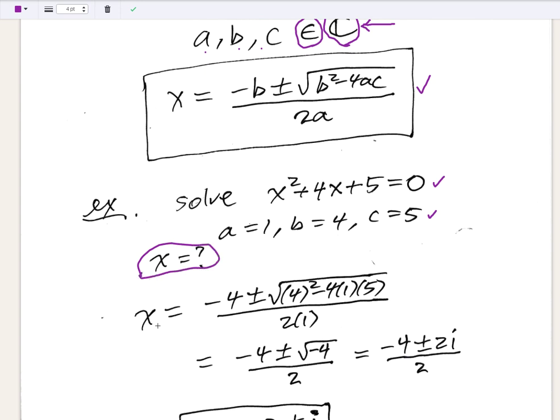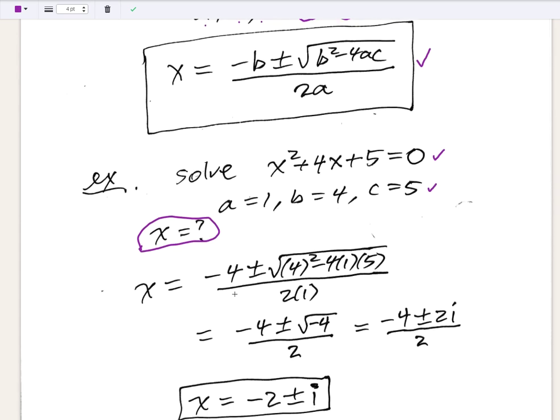So we use the quadratic formula. We just stick in the numbers. So it's negative 4 plus or minus the square root of 4 squared minus 4 times 1 times 5 all over 2 times 1. So that's negative 4 plus or minus the square root of 16 minus 20, which is negative 4. Now, our expression for the square root of negative 4 is 2i.